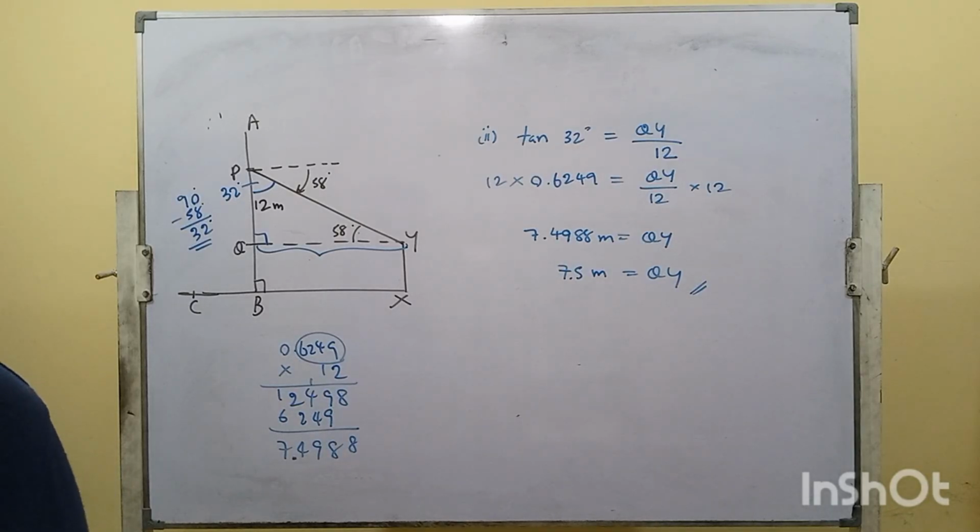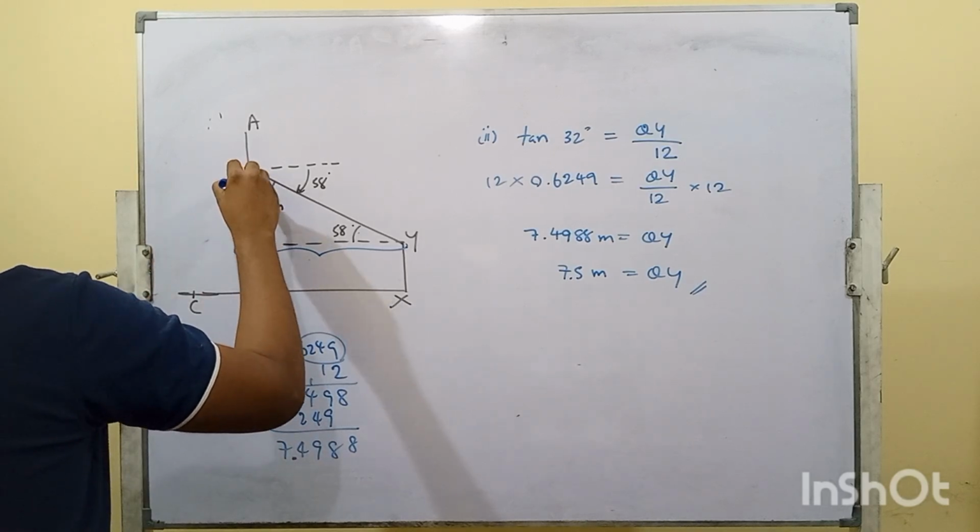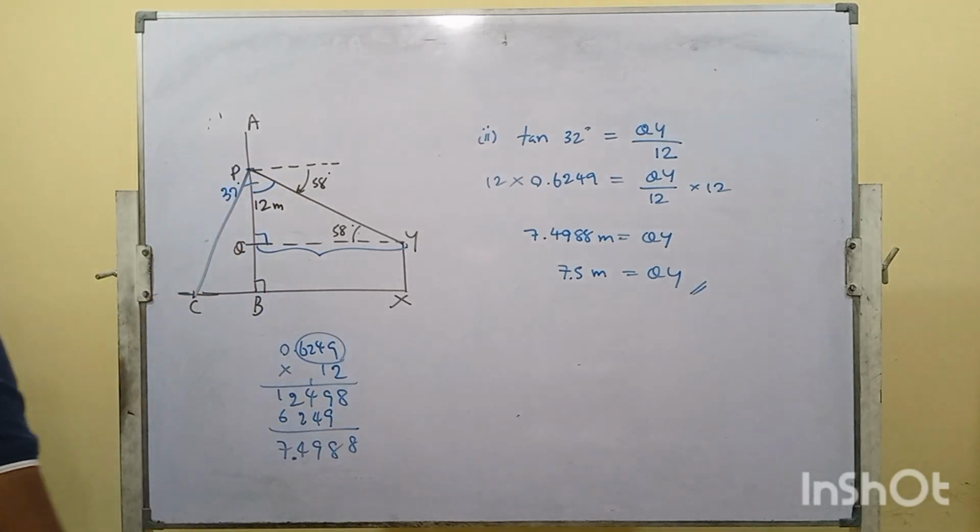Right. Roman number 3. A wire tied at point B is attached to the point C. Right. B and C joined such that it is pulled tight.